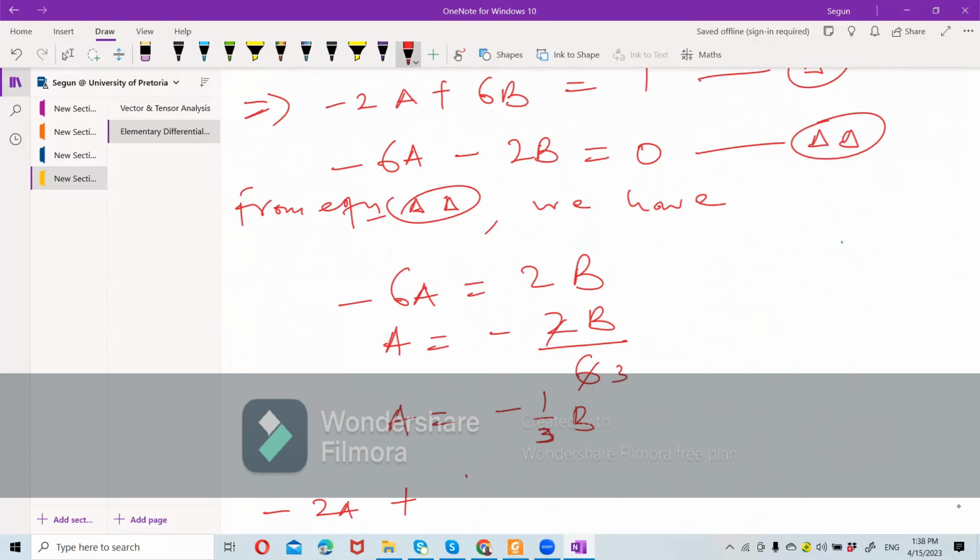I think let's do it this way to save myself from a headache. We are still coming back to this one. So it is better from here just to divide both sides by 2.